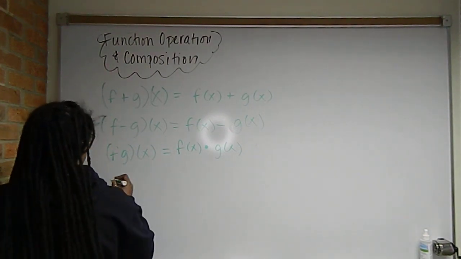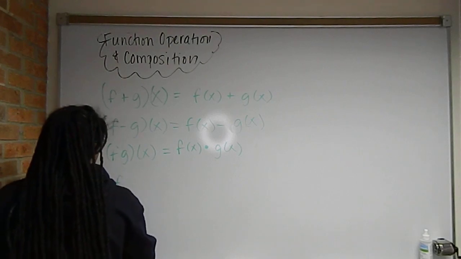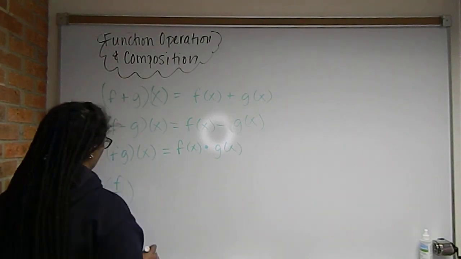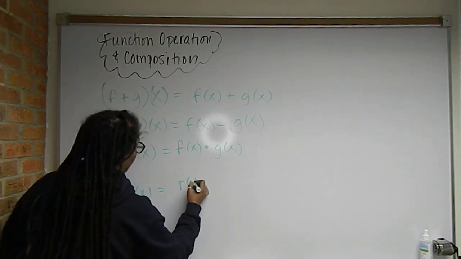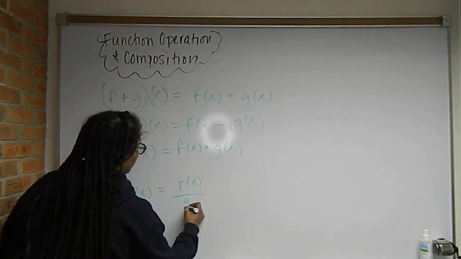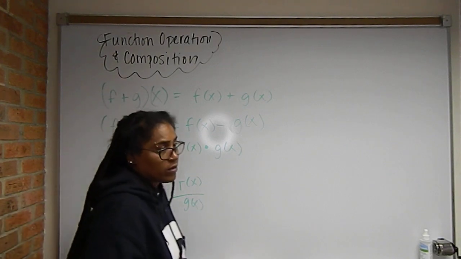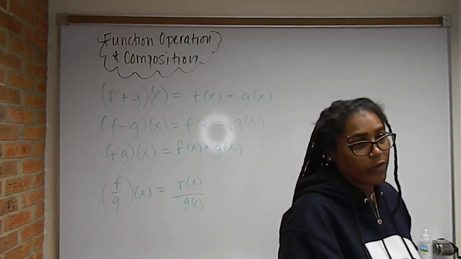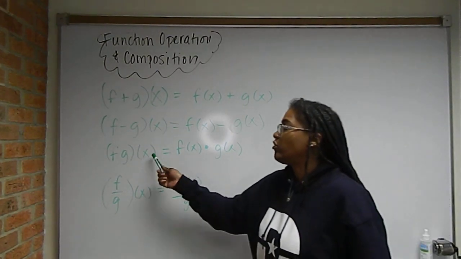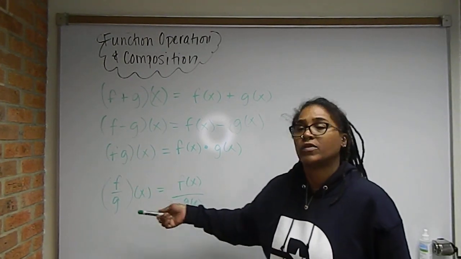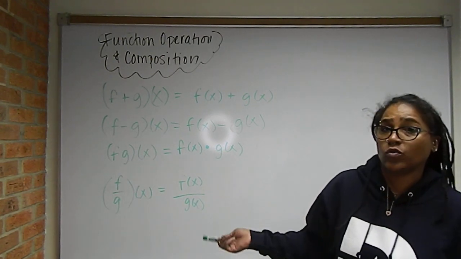And then for dividing the functions, f over g of x does mean f of x divided by g of x. So again, when you see that notation, remember, rules don't change. If you were to distribute this x to each of the terms, it would remind you of how the operations work.